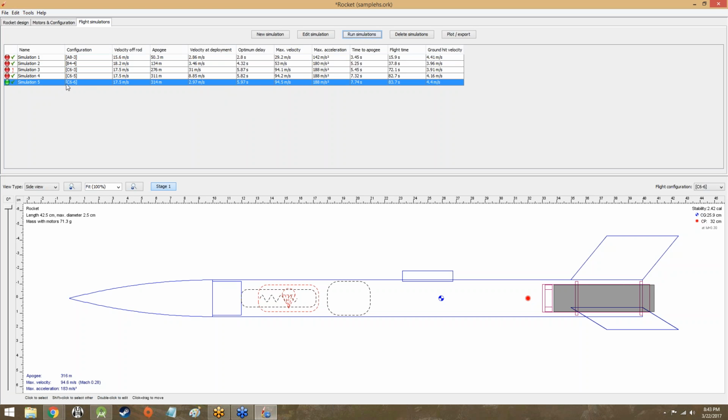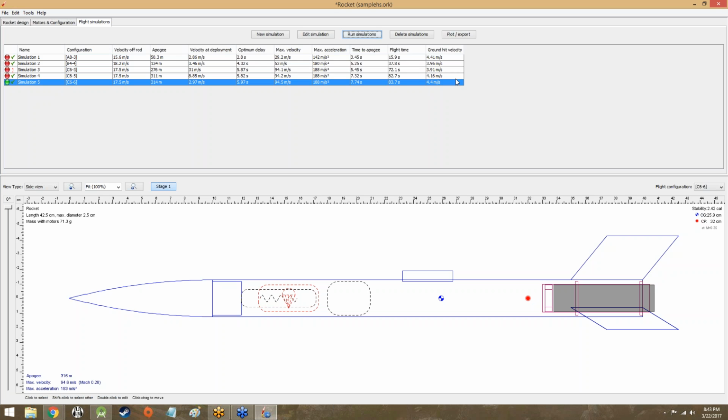5.97 seconds. Look at that. We're right on the money with our configuration. 188 meters a second. Time to apogee, 7.74. Flight time, we add an entire second onto our flight time after letting it reach apogee and then do all the deceleration and everything like that. Ground hit velocity is always a little bit faster when the rocket deploys the recovery system after it hits apogee.